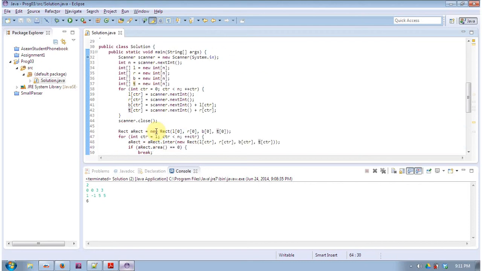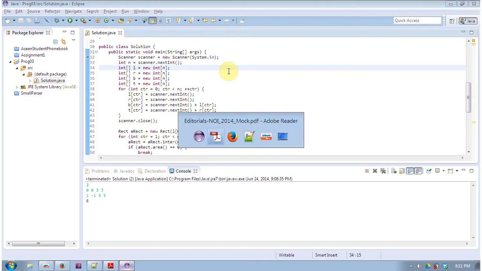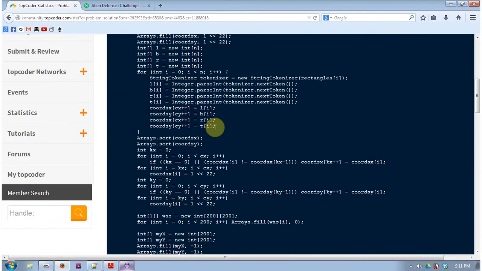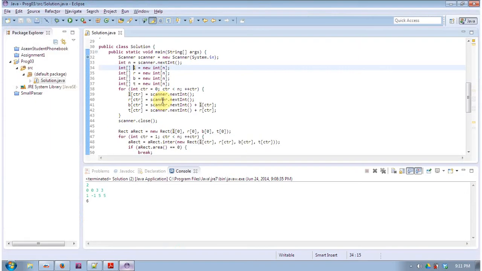I like to double check his convention, so it's LBRT, LBRT, LBRT, and this is LB, LBRT.